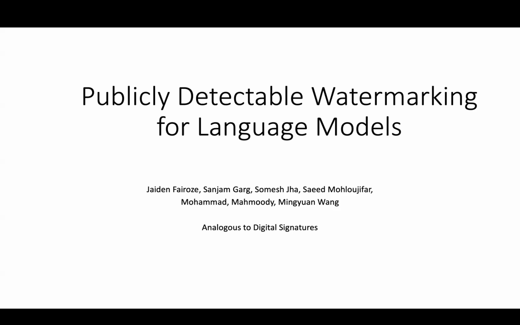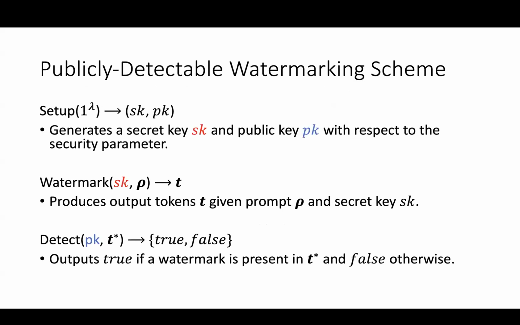So this is what motivated our work, where we wanted to be able to plant a watermark using signatures rather than pseudo-random functions. So I'll formalize this setting. It's similar to digital signatures. We're going to have the setup that generates a public key and secret key. The watermark takes the secret key as input and a prompt for the LLM model. So think of the prompt as, "he sat on the." So that's the string, and it outputs the token.